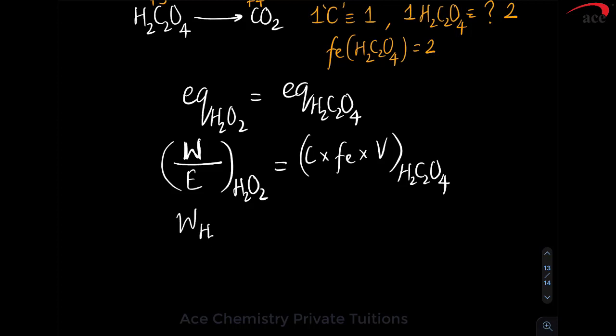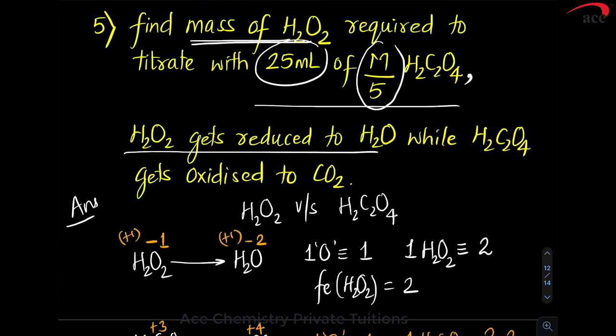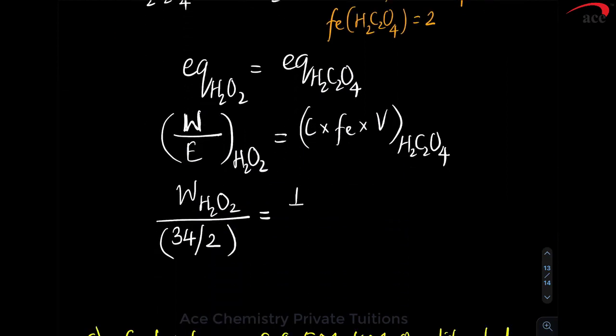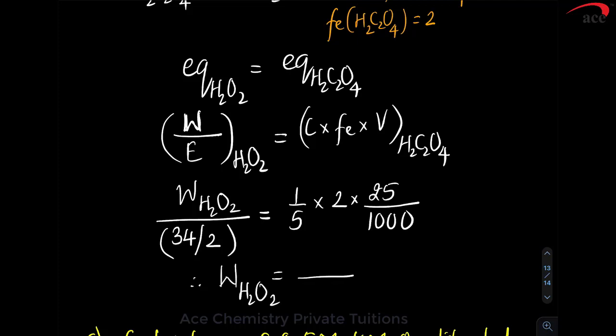The weight of hydrogen peroxide we don't know. The equivalent mass of hydrogen peroxide will be molar mass divided by factor. The molarity of oxalic acid, M/5, means 1 by 5. The factor for oxalic acid is 2. The volume is 25 ml. And from this, you will be able to get the mass of hydrogen peroxide in grams. This is how you will get the mass.